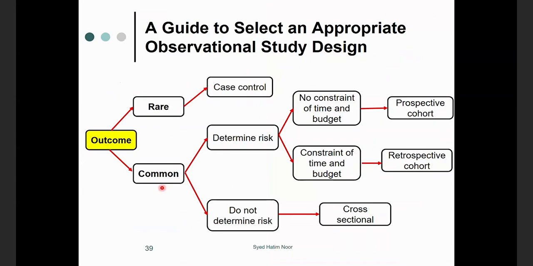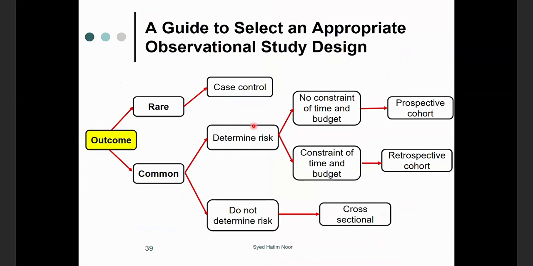If common, you ask yourself again, are you interested to measure the risk? If you are not interested to measure risk, then you choose cross-sectional study. If you're interested in risk, you ask yourself again, do I have enough money? Do I have enough time?